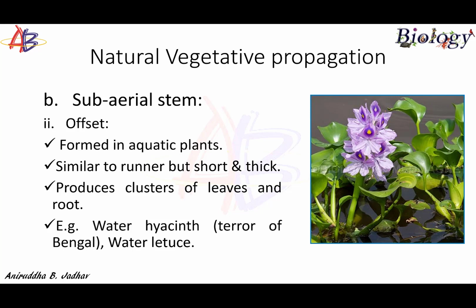This weed drains a high amount of oxygen from the water, and that leads to the death of fishes and other animals. As we know, fish is a supplementary food of people in Bengal, and due to this weed growing in water bodies, it has caused the death of fishes and that has led to food scarcity. That's why the water hyacinth has been termed the terror of Bengal.